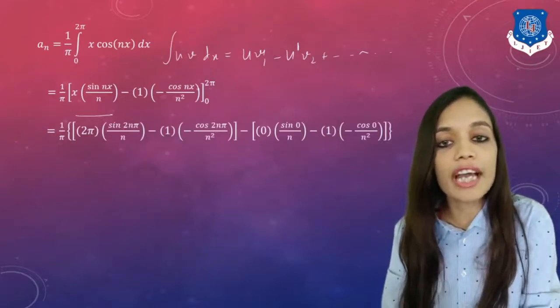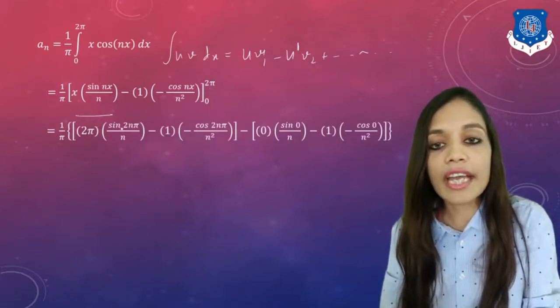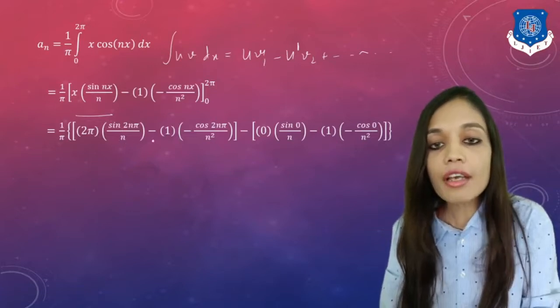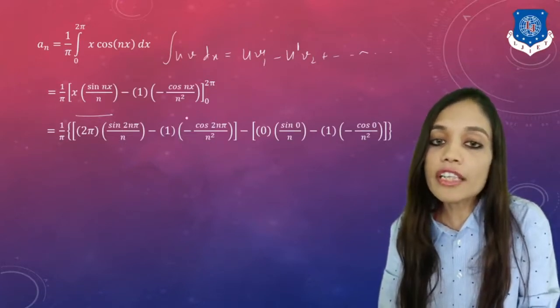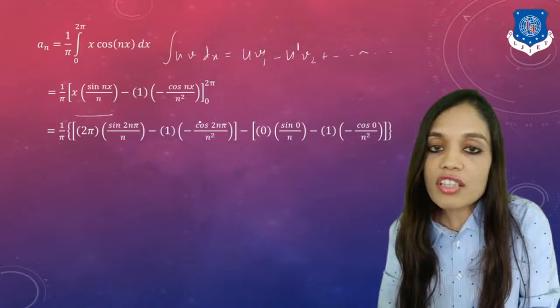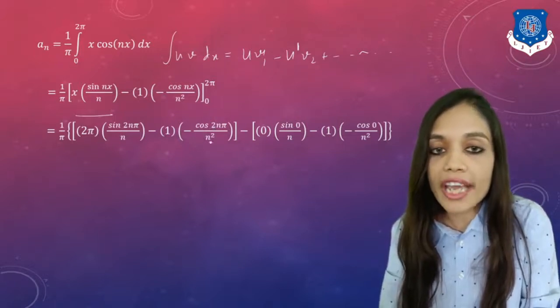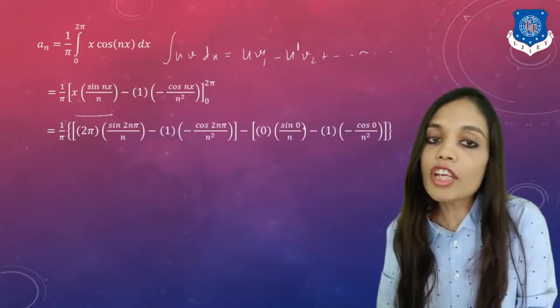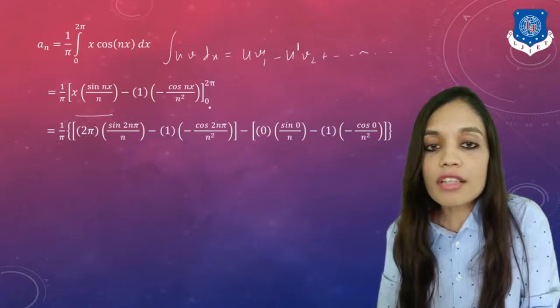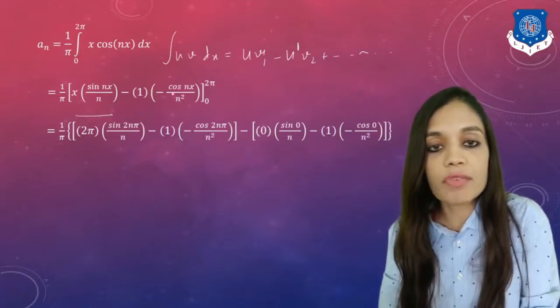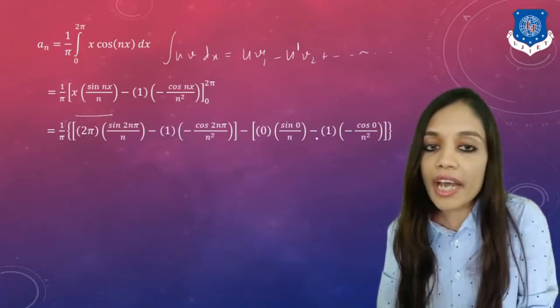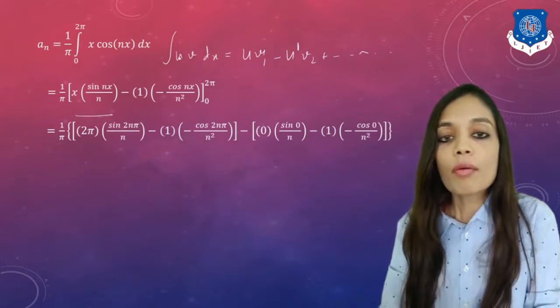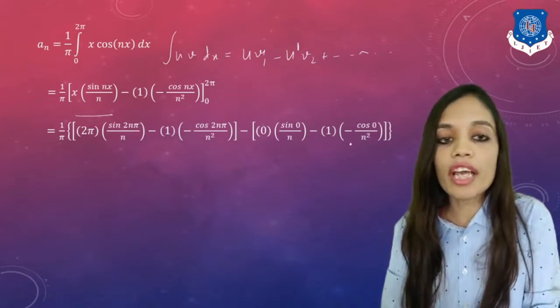So putting 2 pi we will get 2 pi times sin 2n pi upon n minus 1 into minus cos 2n pi upon n square. Minus, now we will put our lower limit. So putting 0, we will get 0 times sin 0 upon n minus 1 into minus cos 0 upon n square.